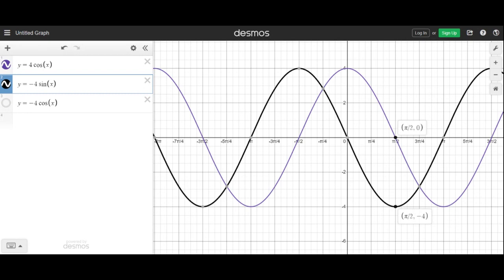And that's what we see happening over here from pi over 2 all the way to pi. It's still moving in that same direction, the negative direction, but the velocity is not as much as it was before. So it reaches that maximum velocity in the negative direction when we get to pi over 2, and that's where it reaches equilibrium, the resting position, and then it continues on.